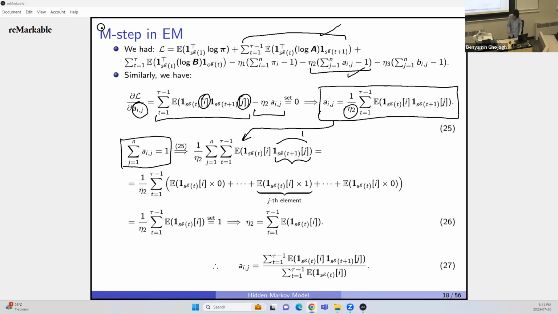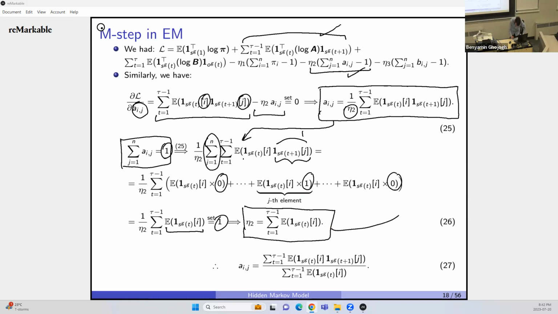The rest will be 0, right? Therefore, it only filters the jth element. Only the jth element will appear, and the rest of the elements in this summation become 0. Therefore, I will have this. Set it to 0 as we had in the constraint. Rearrange the terms. Eta 2 is this. Now put eta 2 back in equation 25. It gives you equation 27.